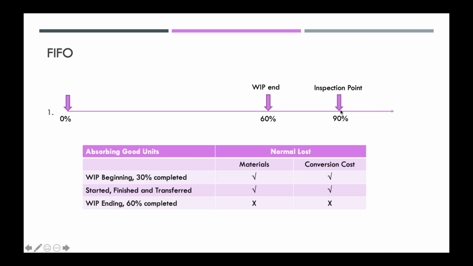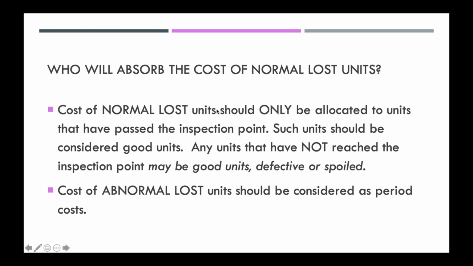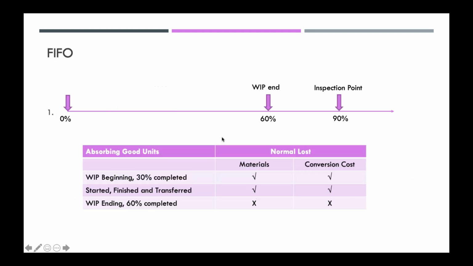Balikan natin yung previous slide natin na cost of normal loss units should only be allocated to units that have passed the inspection point. So, for the 90%, hindi umabot yung work in process end, wala siyang share doon sa cost of the normal loss units, both for materials and conversion cost.